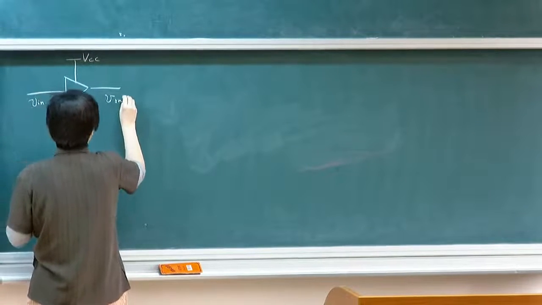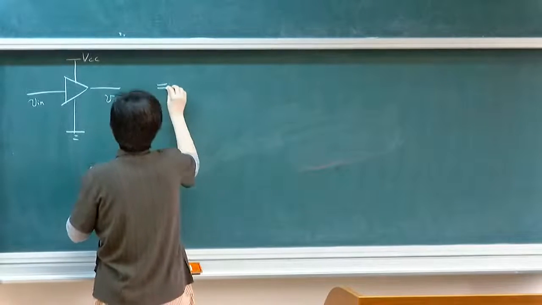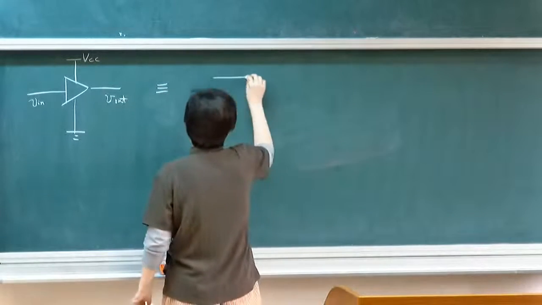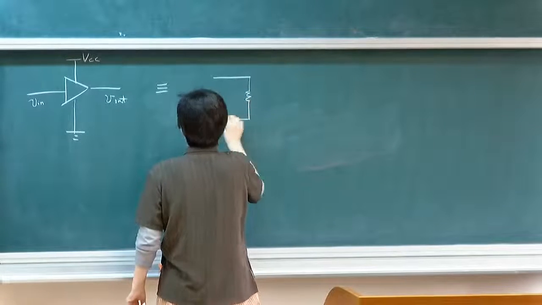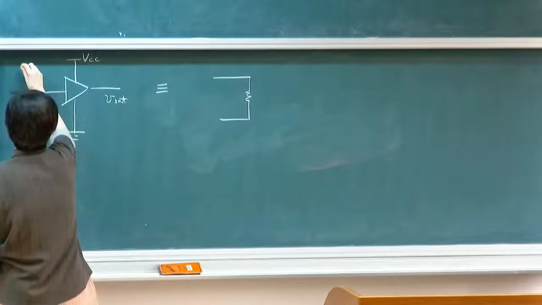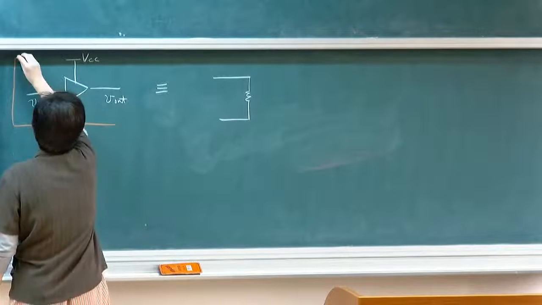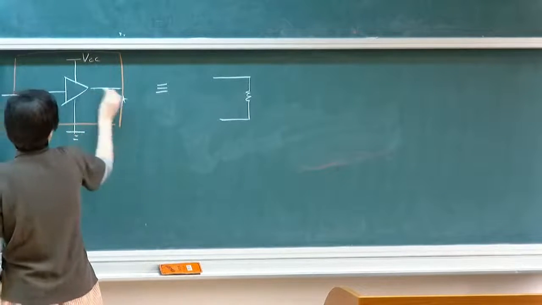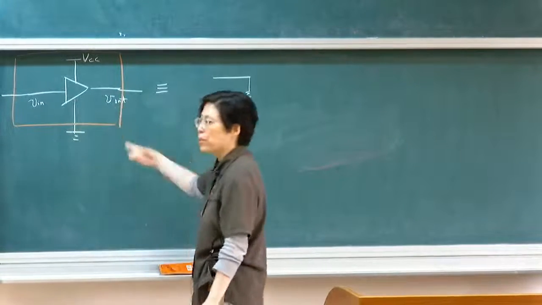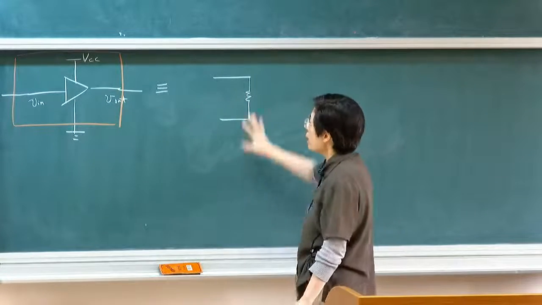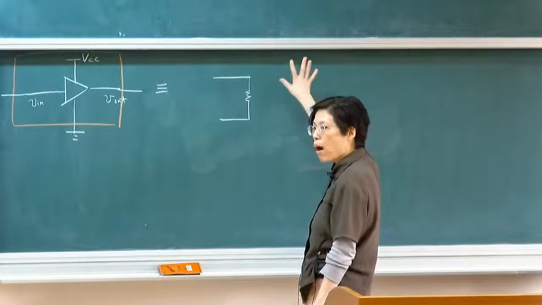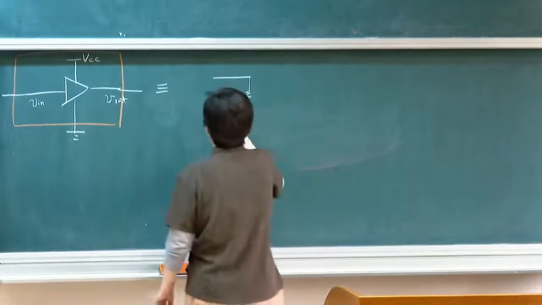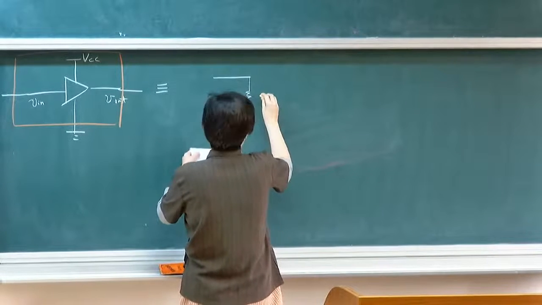If I'm only looking at the small signal, I could construct a two-port model which describes how I will wrap it with a black box, and only look at these lines, the characteristics of the input and output, using an equivalent two-port model to describe this. So for a voltage amplifier, we know that it will have an input impedance.